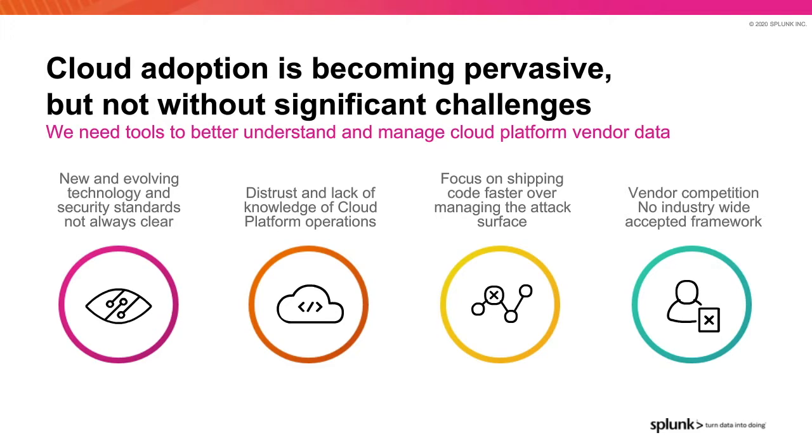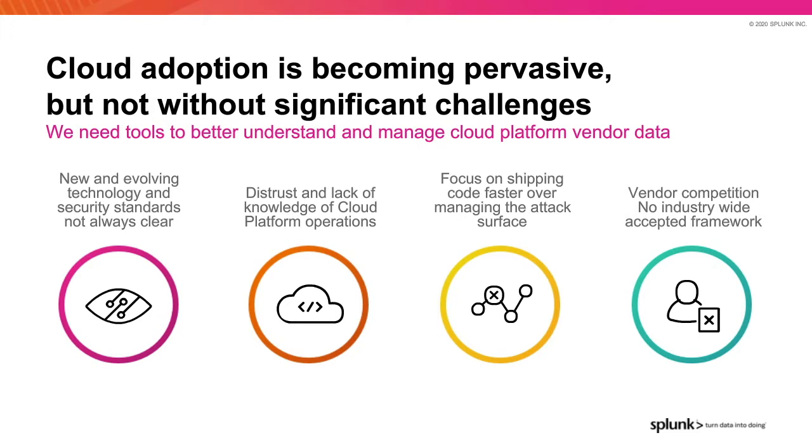Let's see how. Cloud technology changes and evolves at a very rapid rate, making it difficult to achieve end-to-end visibility at all times. The cloud platforms you build your apps on are not your systems, and it can be unclear where the line of security responsibility lies. This can often lead to misconfigurations.